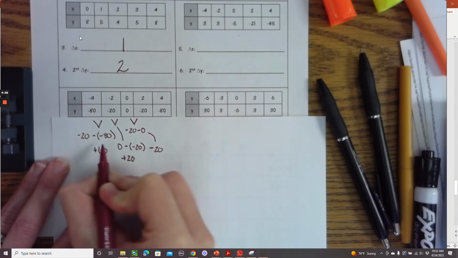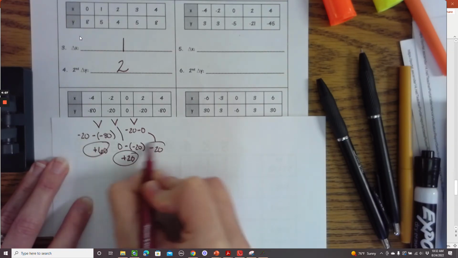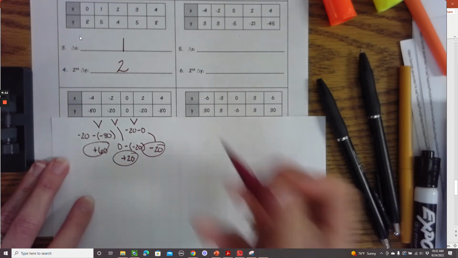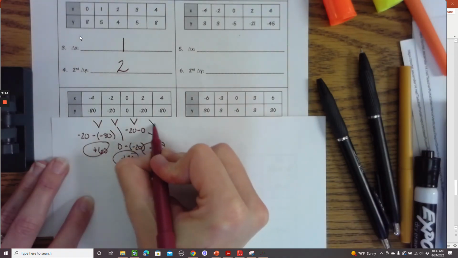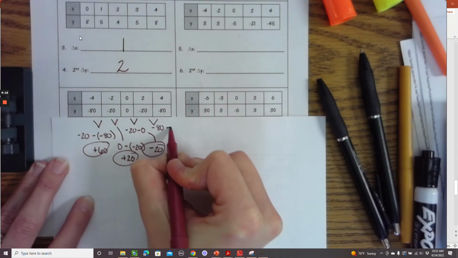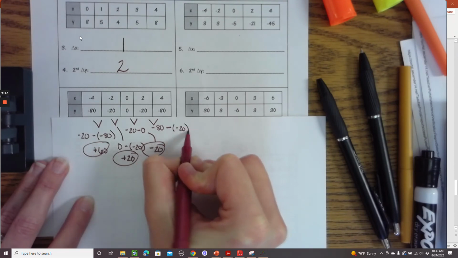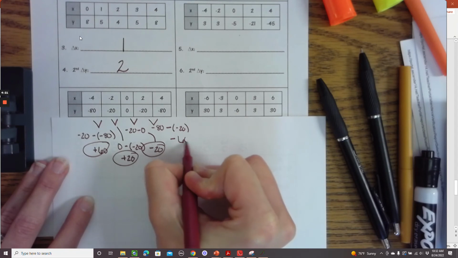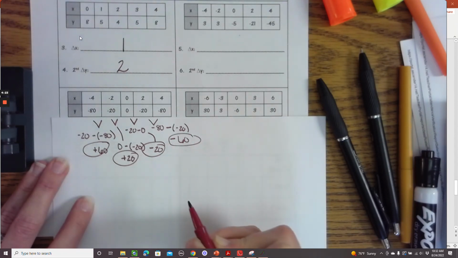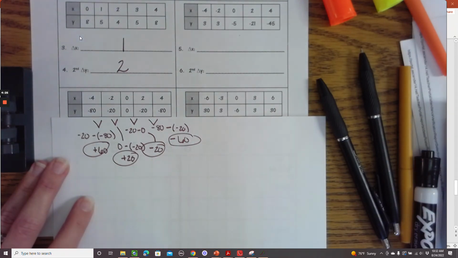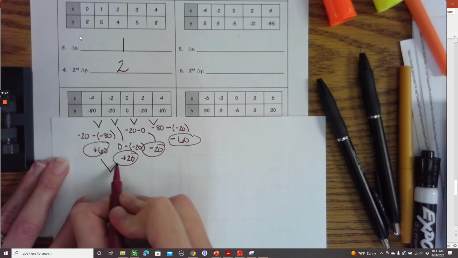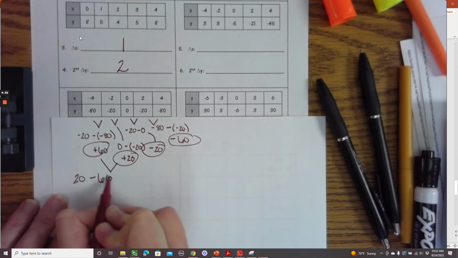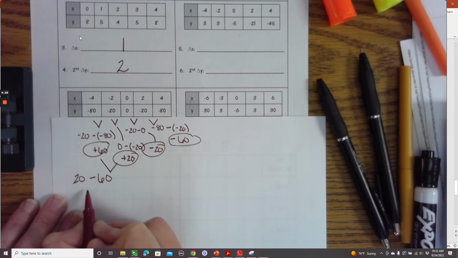So these are my finite differences, my first finite differences. If they're not common, they're finite. Then negative 80 minus a negative 20 is negative 60. They are not the same, so now I have to find a second common difference. Here's my first grouping: 20 minus 60 is negative 40.